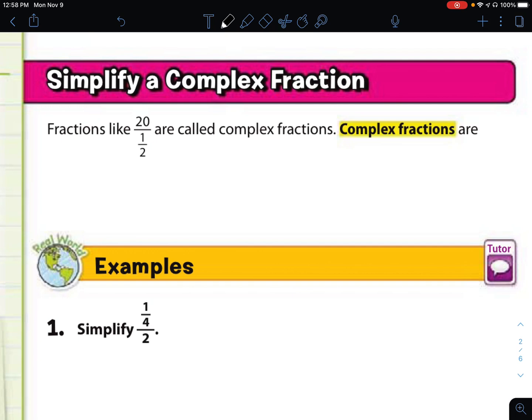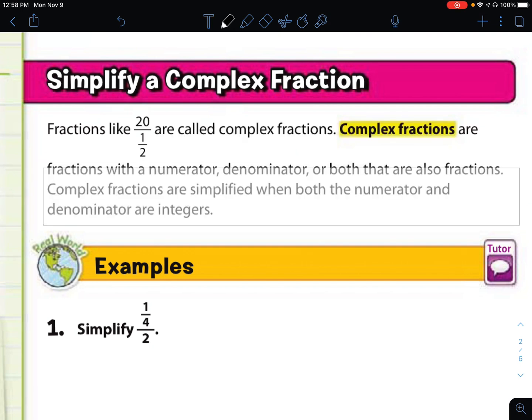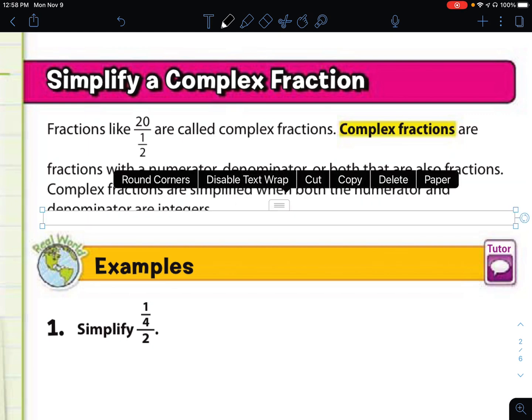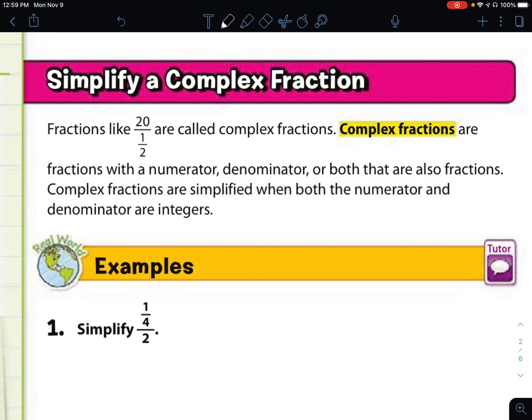Complex fractions are fractions with a numerator, denominator, or both that are also fractions. So when you have a numerator or a denominator or both of them that are fractions, they are called complex fractions.